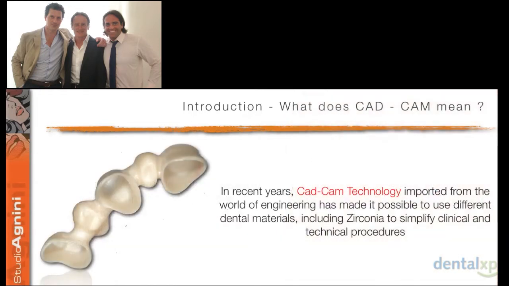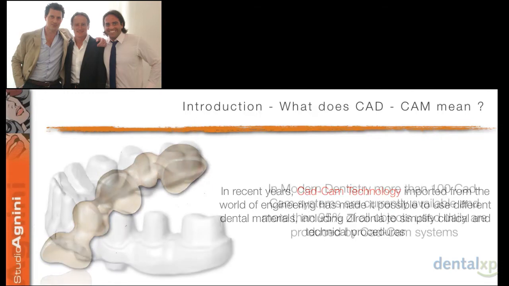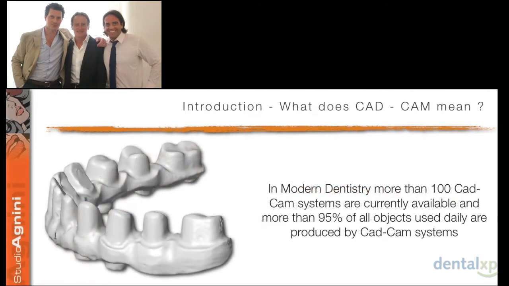The CAD-CAM technology was imported from the world of engineering, and this gave us the possibility to use different dental materials, including zirconia, that simplified the clinical and technical procedures. And we know there are a lot of CAD-CAM systems currently available, and right now more than 95% of all the objects that are used daily are produced by CAD-CAM systems.